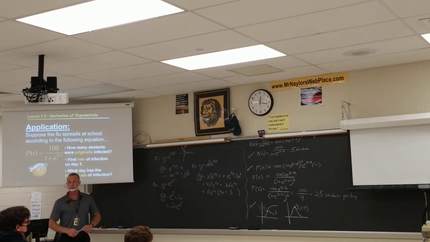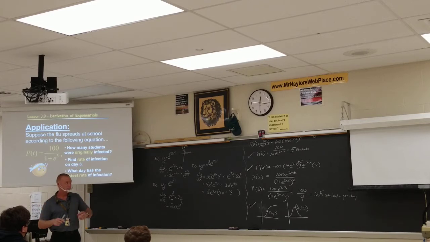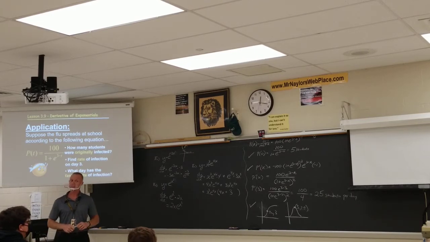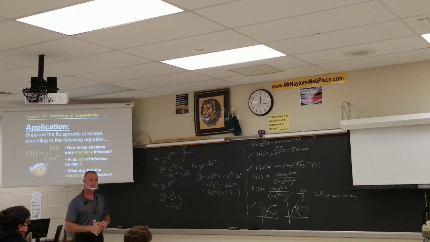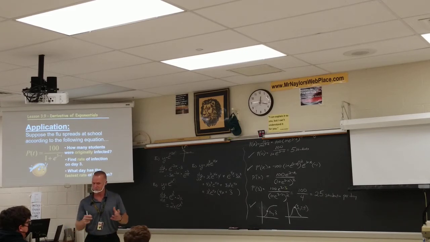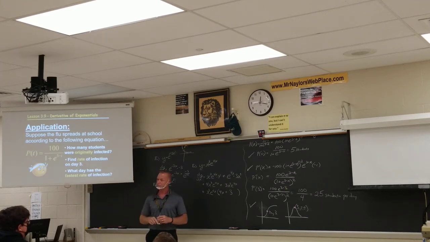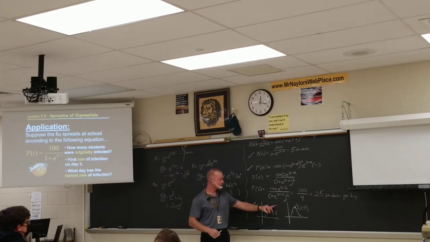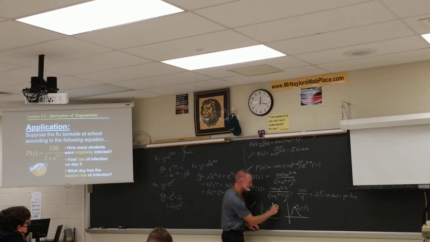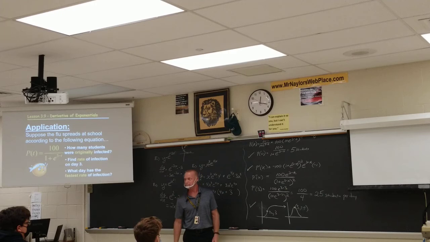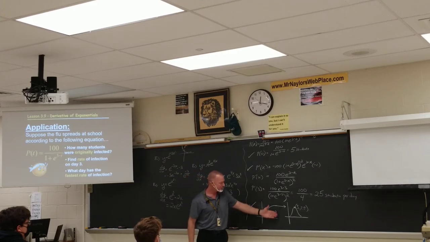This is the way a virus usually spreads. Again, I'm not like a medical professional, but it typically has a fastest day. That would be a good day to not be here. If you somehow knew, that would be a day not to show up, because that's when the most spread's going to occur. And then eventually it stops spreading. I mean, you guys saw how this graph got flat. The reason it got flat is because there's no more spread. Okay, and then eventually you just cut it off, because that means the virus is over.